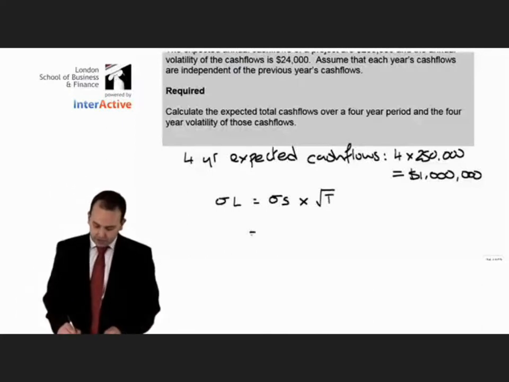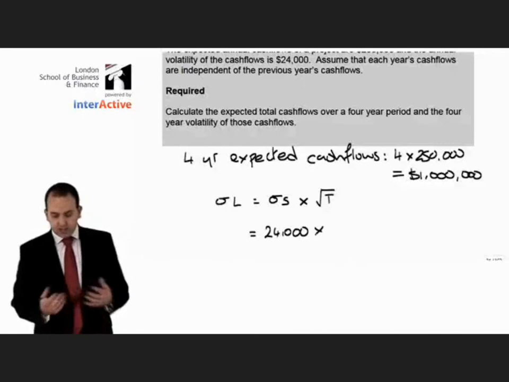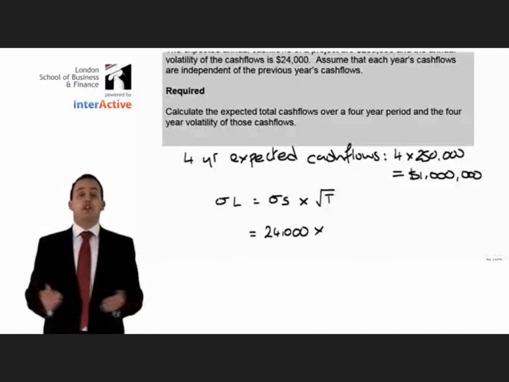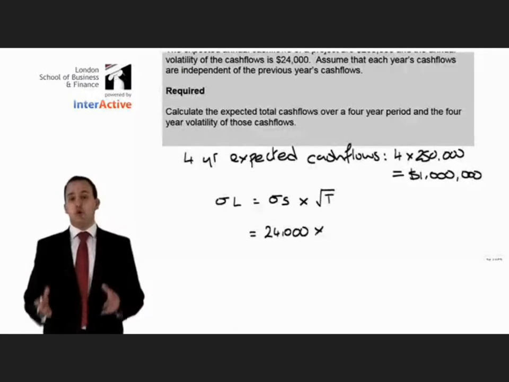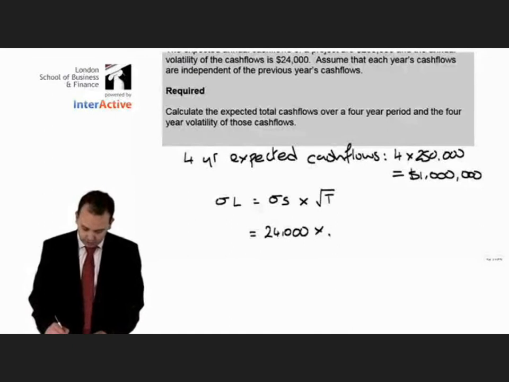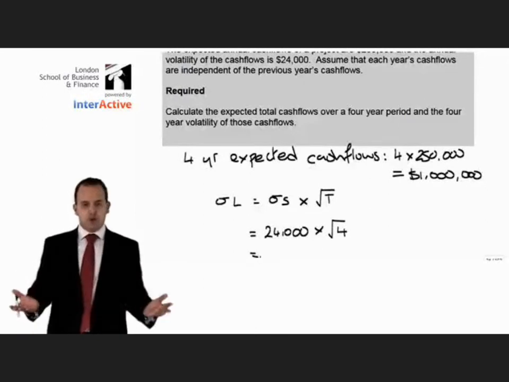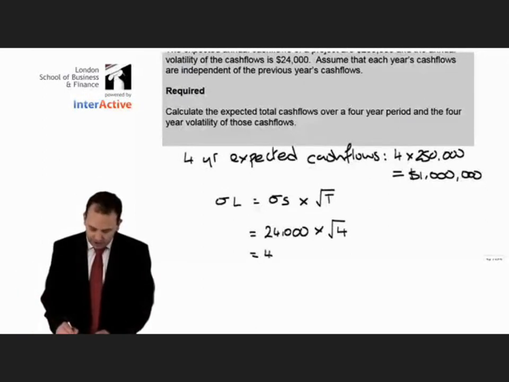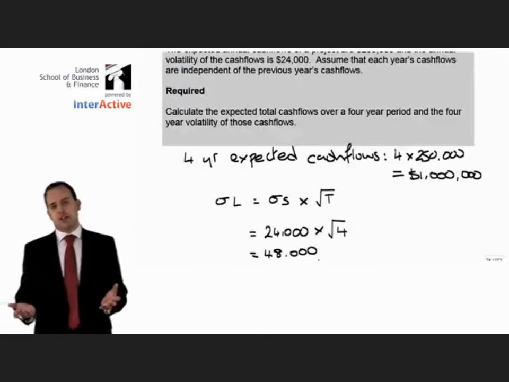So the standard deviation over the short period is $24,000 multiplied by, well, the standard deviation that we've currently got, the short period, is for 1 year. The longer period we are considering is 4 years, and there's obviously 4 one-year periods in 4 years. So 24,000 multiplied by the square root of 4. Square root of 4 is 2, and therefore we have a standard deviation of 48,000.